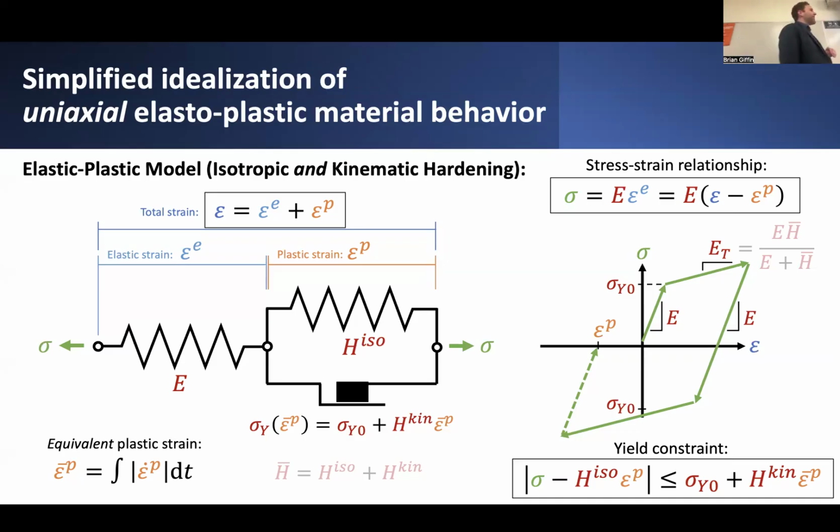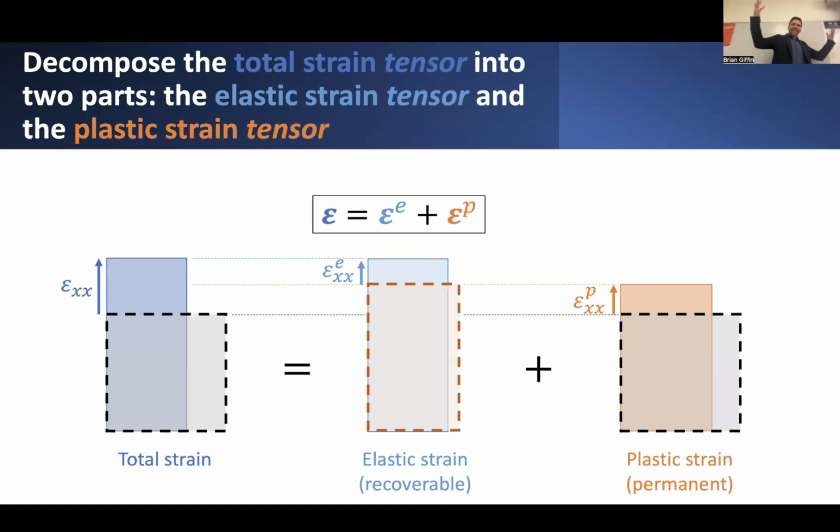Now, how exactly do we generalize this concept into the case of some kind of multi-axial, three-dimensional constitutive relationship? Well, it proceeds along similar lines. In like fashion to how we decomposed the total strain into an elastic and plastic part in the one-dimensional sense, similarly, we can propose to decompose the total strain tensor, that full 3x3 array of strain components, into two sub-tensors, if you like, an elastic strain tensor and a plastic strain tensor.